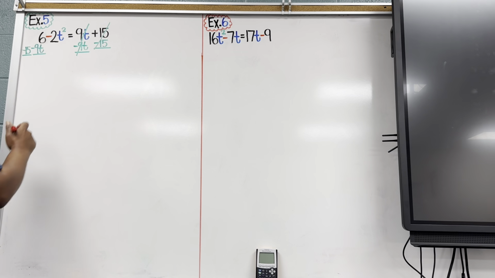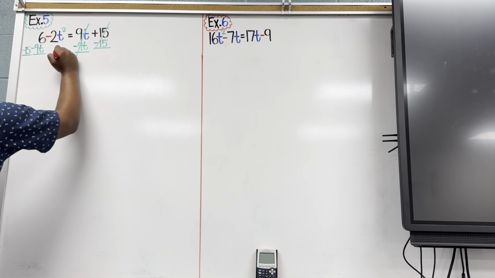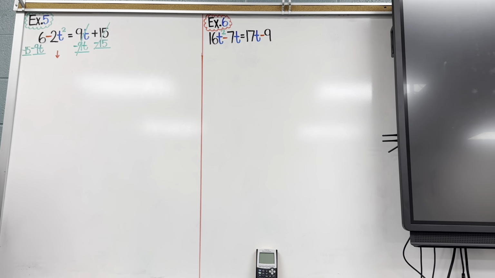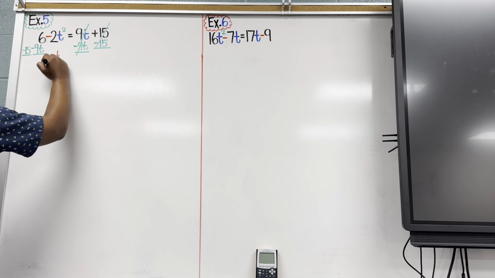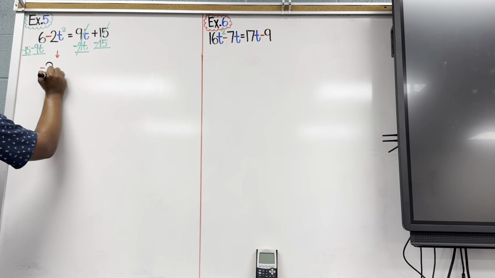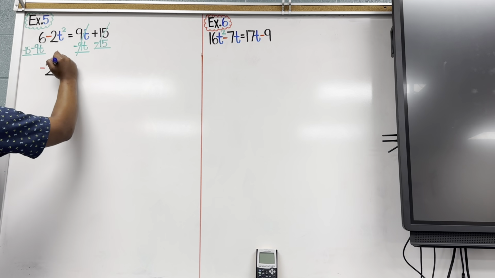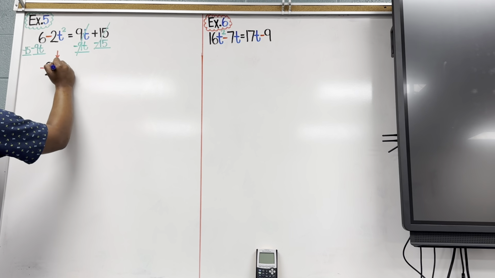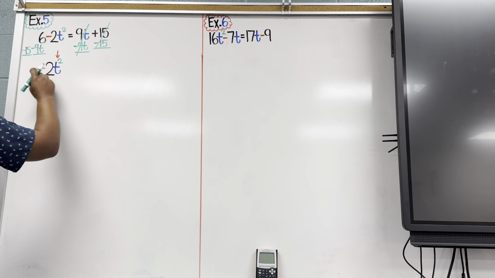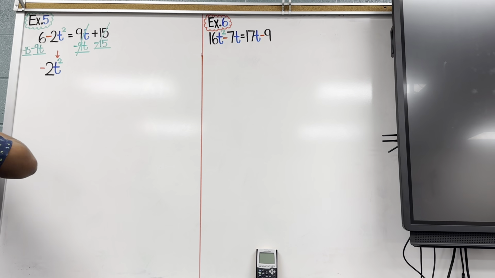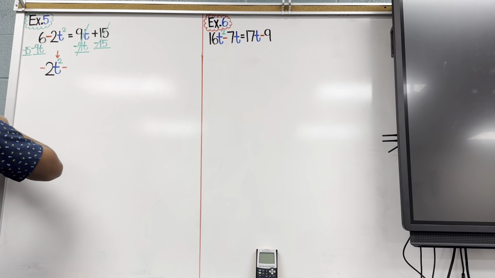Now I'm going to bring it all down. I'm still going to have negative 2t squared, minus the 9t, so it's going to be minus 9t.